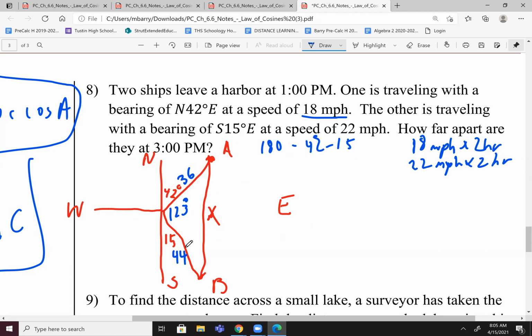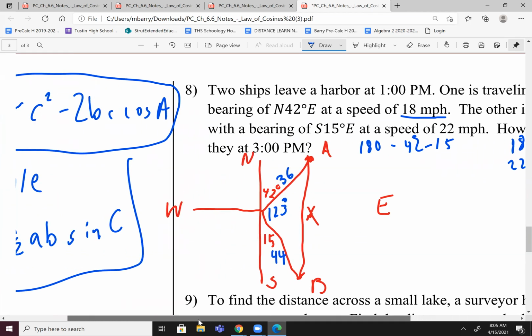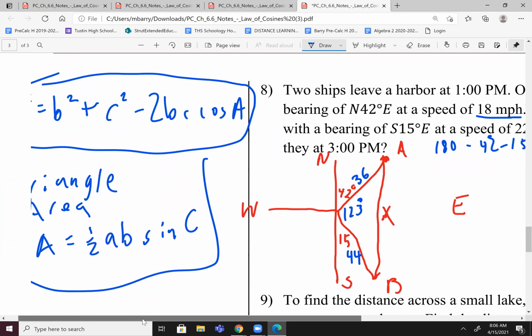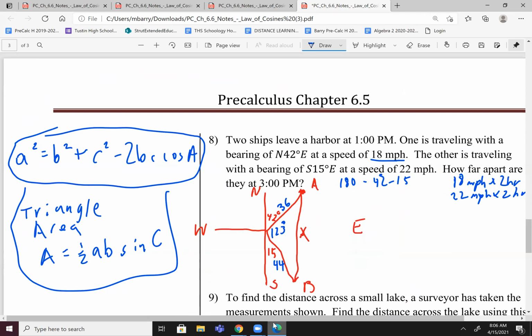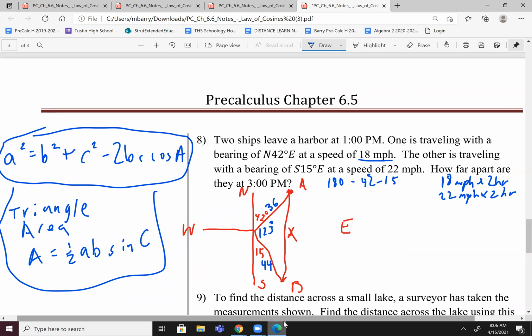That's a good indicator. We can use law of cosines to find the opposite side. Also remember, when we don't have an angle with its opposite side, that's when we use law of cosines, because if we have an angle with its opposite side, we can use law of sines. So I'm going to be using law of cosines, which I wrote over here. So let's go ahead and do that.